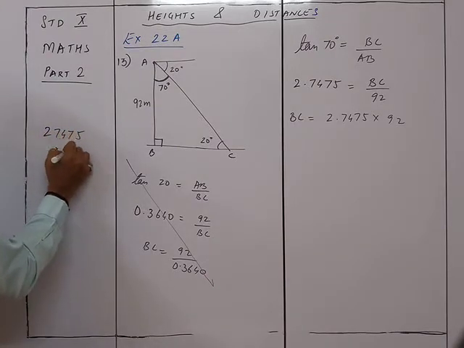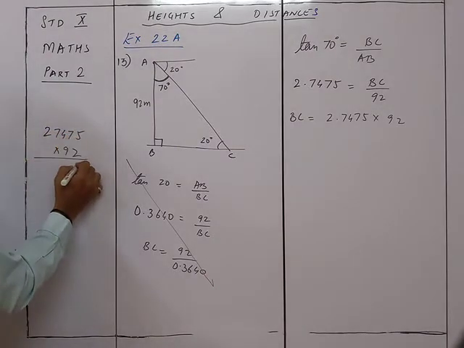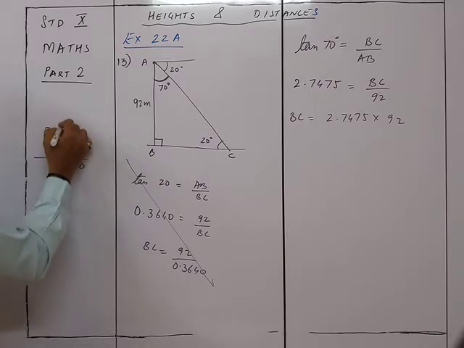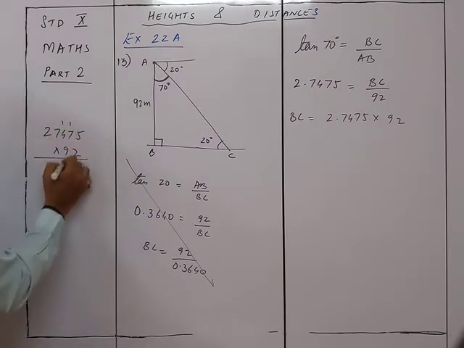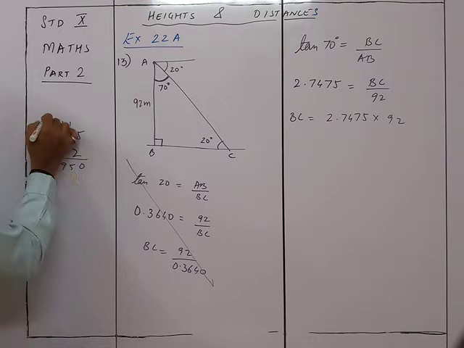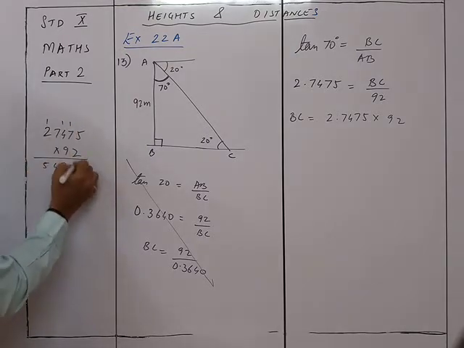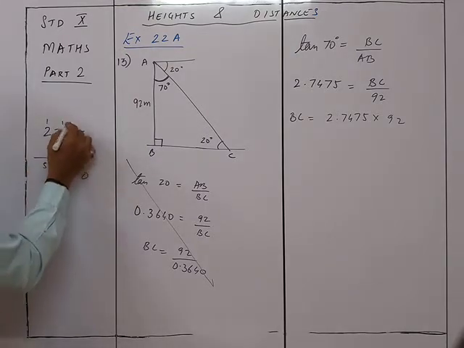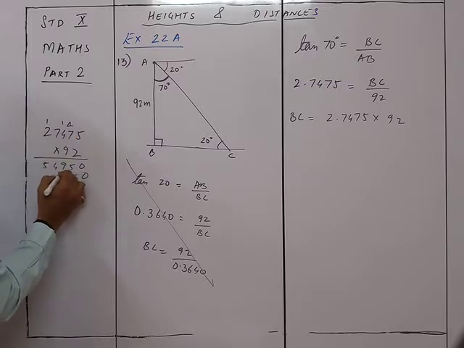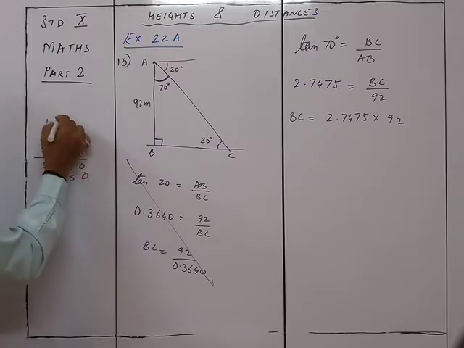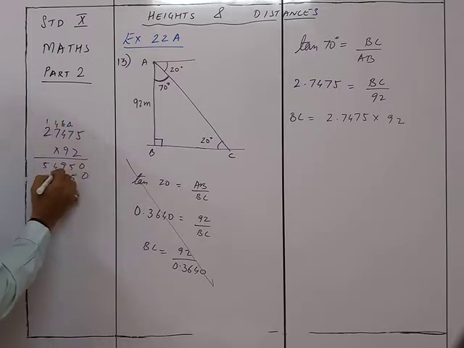2.7475 into 92. Yeah, you do multiply this thing. 5 to the 10, 14, 15, 8, 9, 14, 5. 0, 9, 45, 63 plus 4, 67, and 36 plus 6 is 42. Yeah, 42.